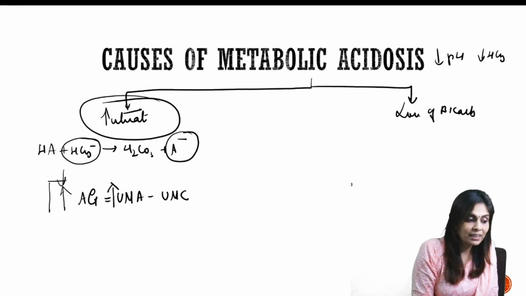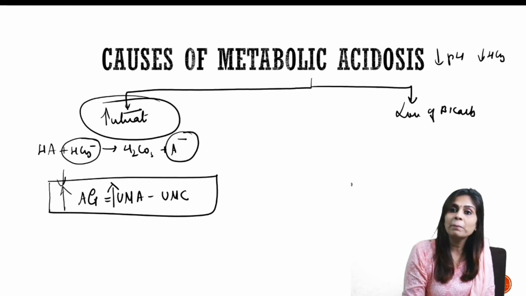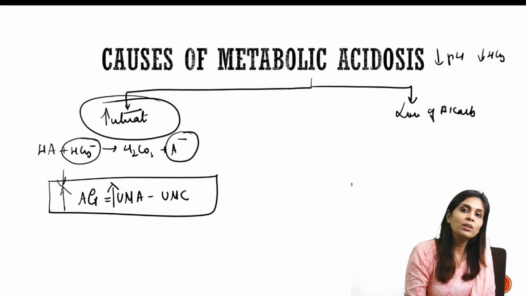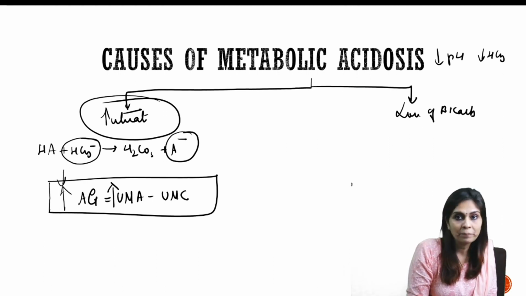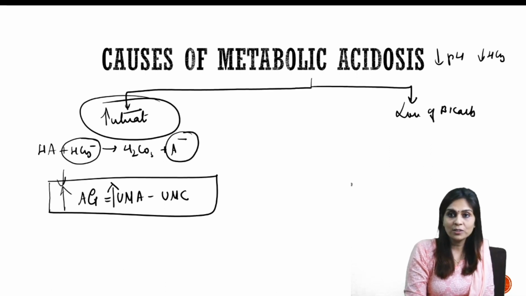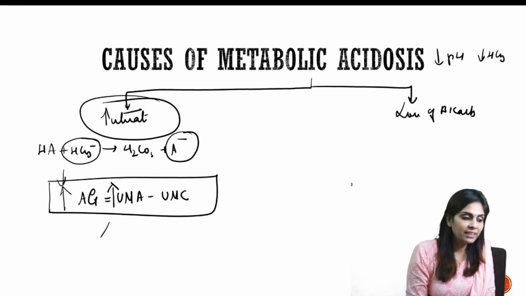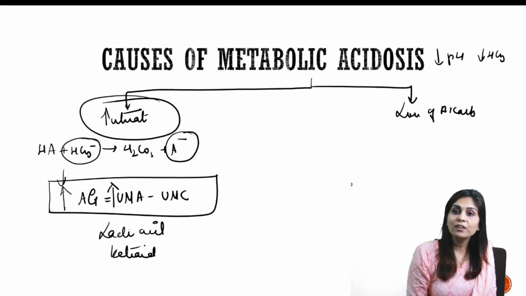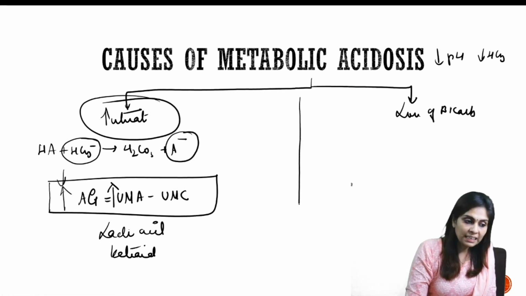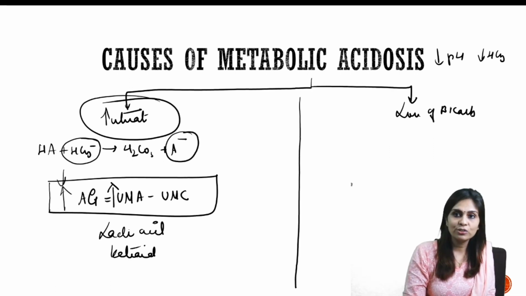So if you find a case of increased anion gap metabolic acidosis, it's a clue that is given to you that this metabolic acidosis is caused by the production of an abnormal acid. And as I told you in the first video, the abnormal acid can be lactic acid, it can be keto acid, it can be a product of metabolism of any alcohol like methanol or ethanol or ethylene glycol. So that is about increased anion gap metabolic acidosis.